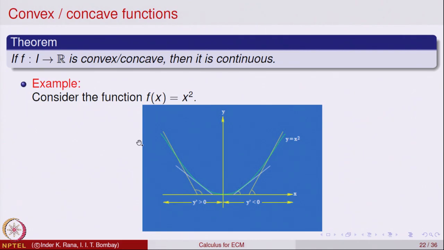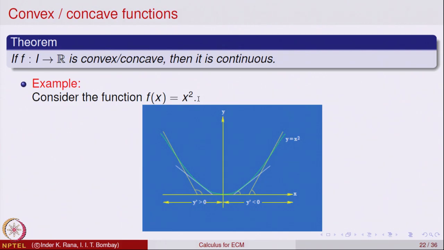If I take any 2 points on the graph of the function, clearly that chord will stay above. So, this is a function which is concave up.